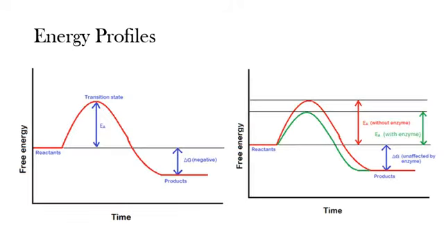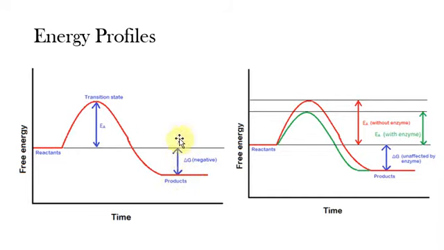Now, like I was saying, with the activation energy, these are the diagrams of it. If you want a reminder of what free energy is, go back and check out our metabolism video. It's essentially the energy stored within a molecule that can do work. Now, this level right here is the free energy of the reactants, whereas this is the free energy of our products.